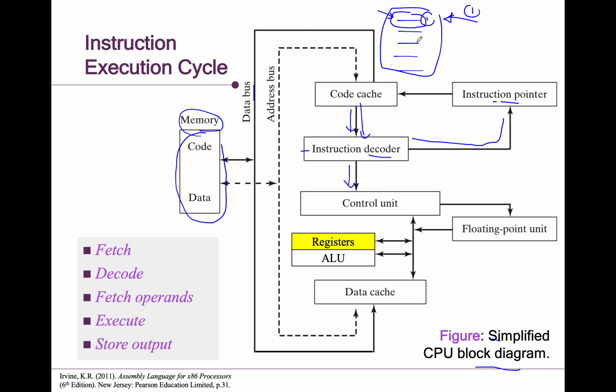And over here, you will continue again. You already point at number 1. Then you will move to the second line. You will do the second one, which is instruction decode. You're going to decode the second line, and you will send it also to your CPU, and your instruction pointer will also be changed.